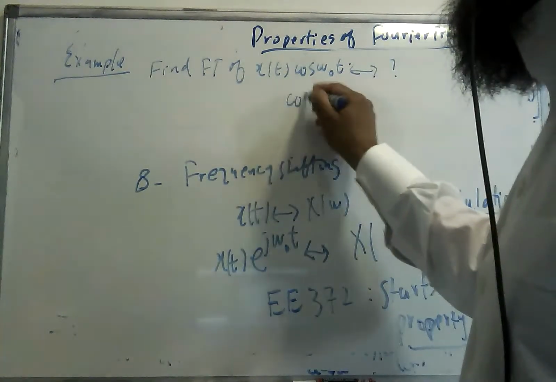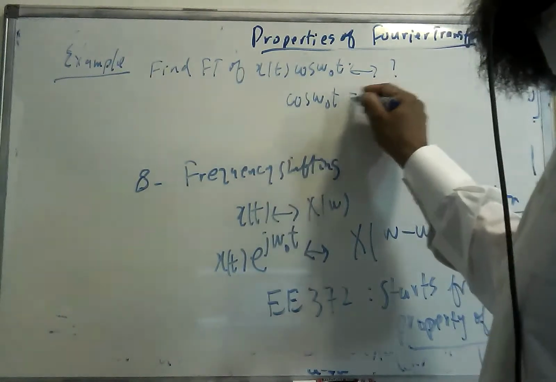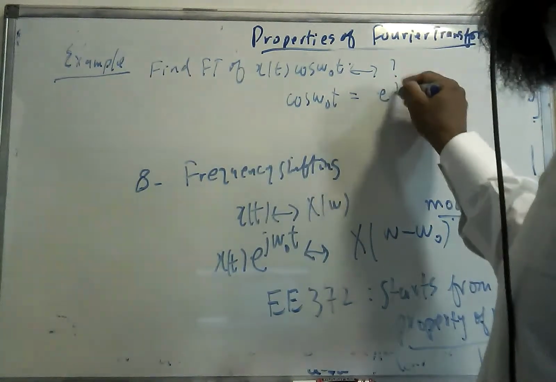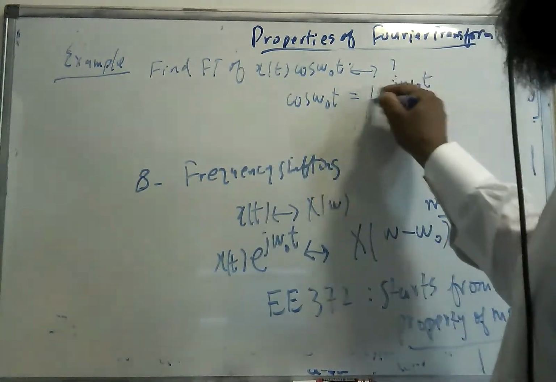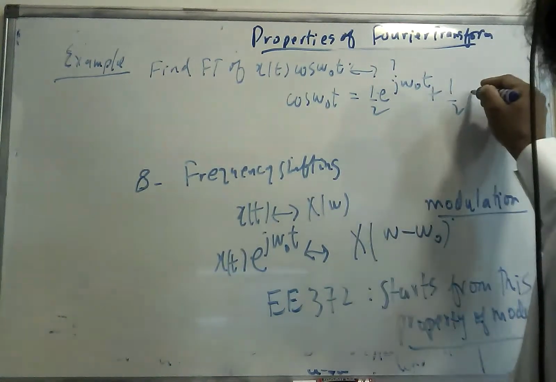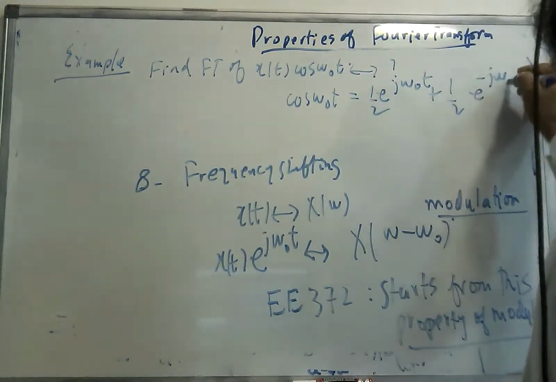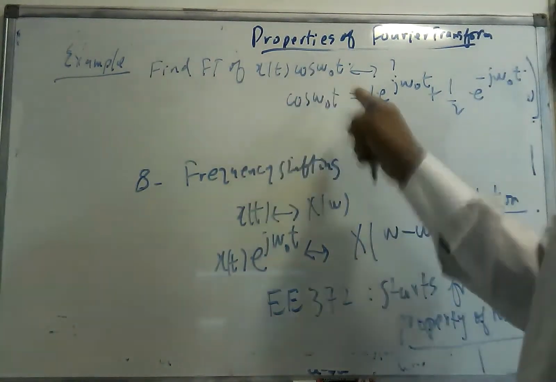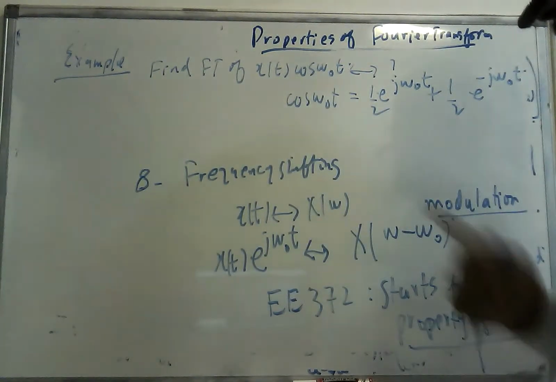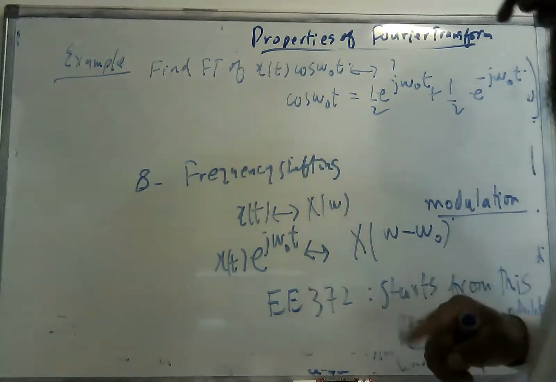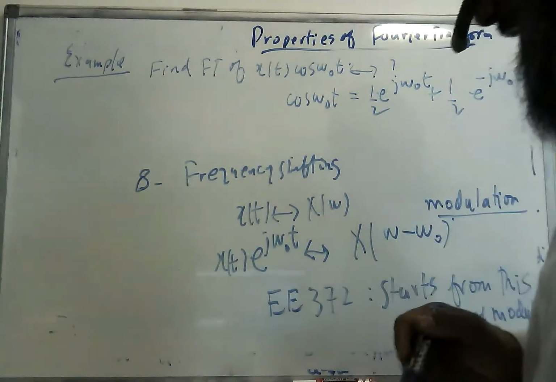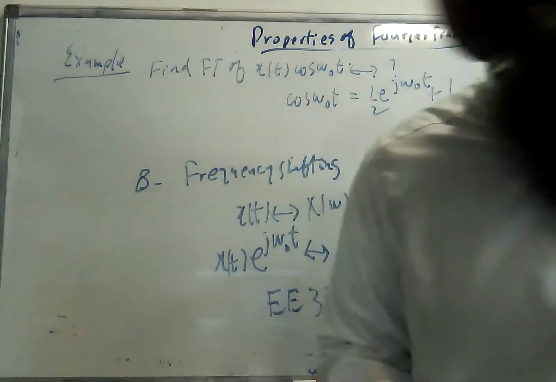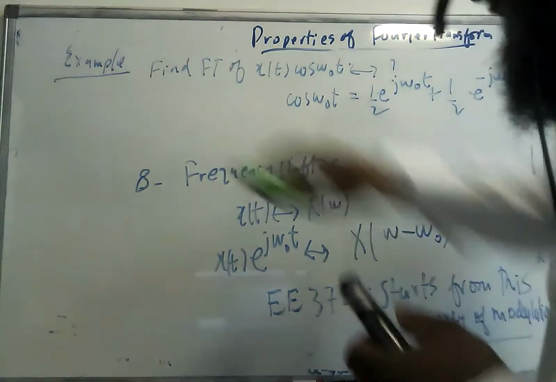A cosine is a combination of two exponentials, e raised to the power j omega naught t over 2 plus e raised to the power minus j omega naught t over 2. So I can split this into two and then apply the frequency shift by applying linearity.